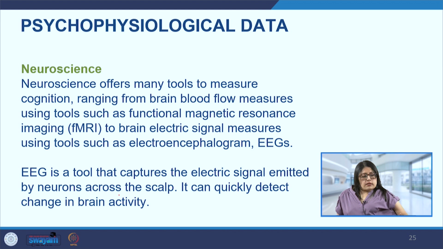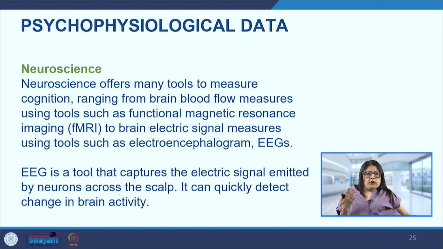Now, the neuroscience area offers tools to measure cognition, depending on the flow of blood in the brain, how much blood is there, how much is it rushing. So there are various tools to check that. For example, fMRI, which is functional magnetic resonance imaging, and devices including EEG, which is the electroencephalogram, which measure the electric signals from the brain, and they tell which lobe is active.